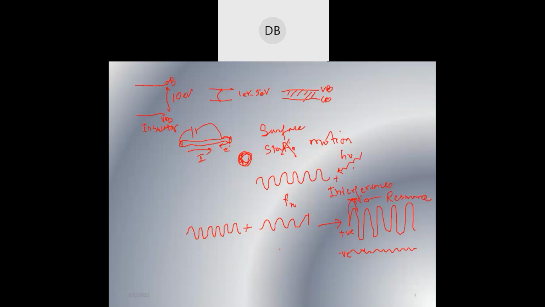That means when light falls, and there's also natural oscillation of the electrons happening, both of these signals interfere with each other, and at a certain frequency this will go extremely high. So at that particular frequency that goes extremely high, we call it resonance. Then there will be radiation.